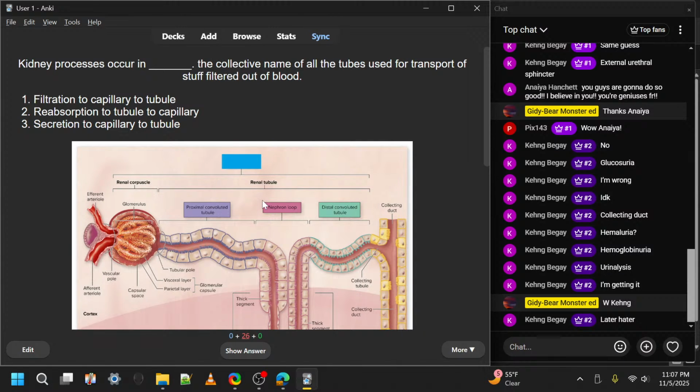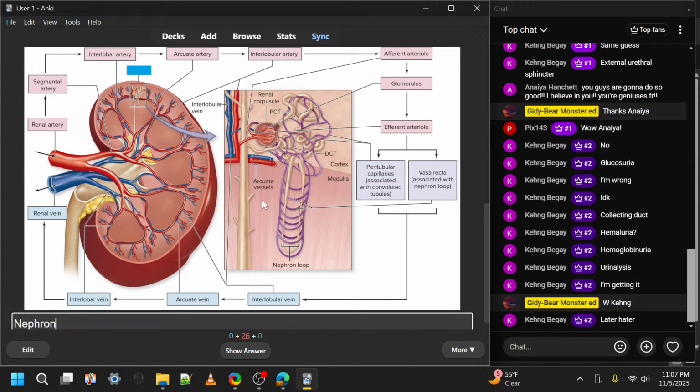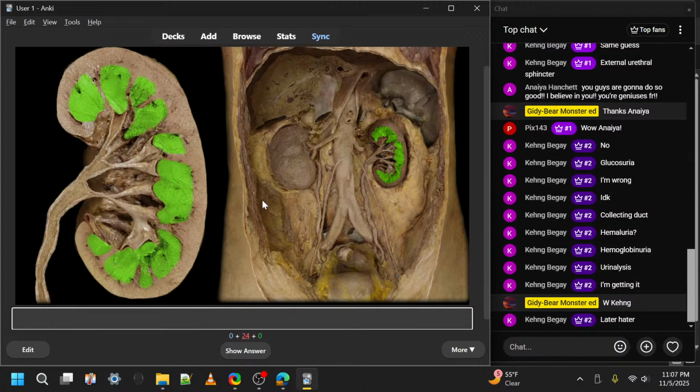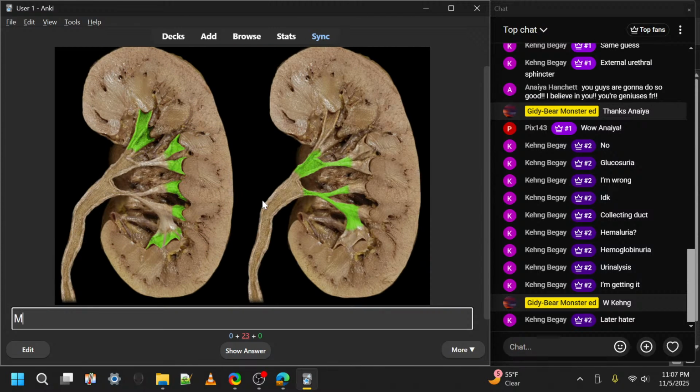Alright. Kidney processes occur in the, this is the cortex. This is the medulla. This is the minor calyx and major calyx.